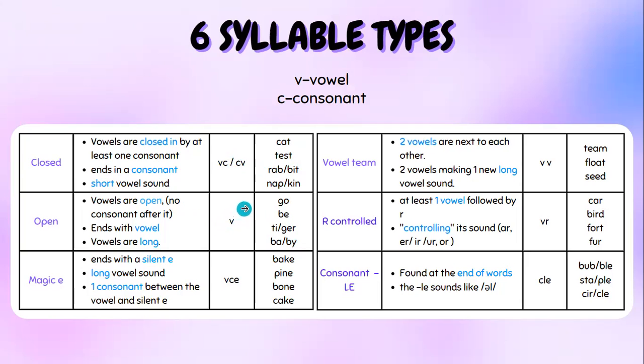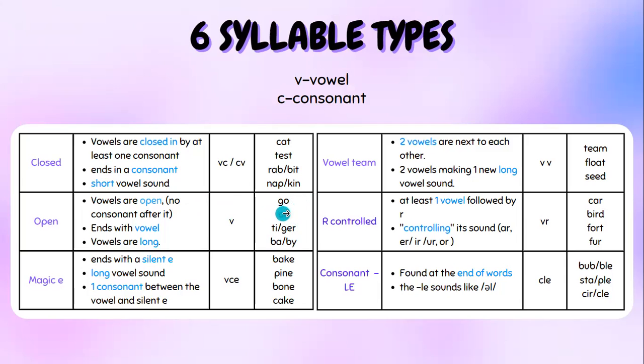Next we have open syllables. Open syllables are similar to closed syllables, but the vowels are open. That means that the syllable ends in a vowel, and there is no consonant coming after it to close it in. For example, in the word go, the O is not closed in by another syllable.